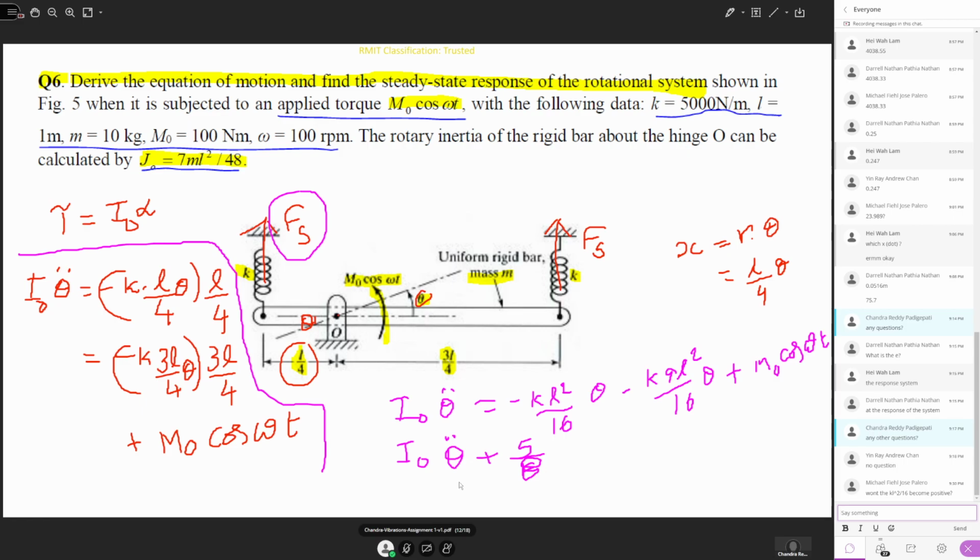So 5 by 8 K L square theta equals M naught cos omega t. So this will be the equation of motion.